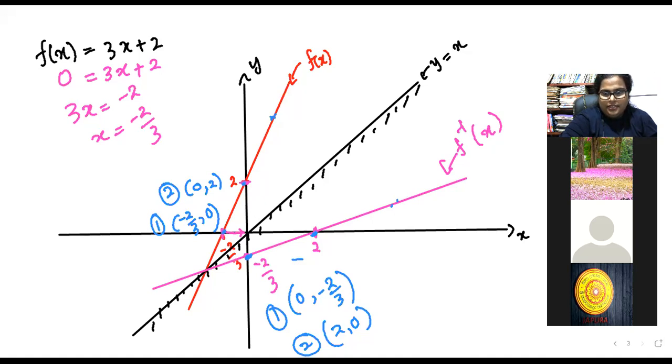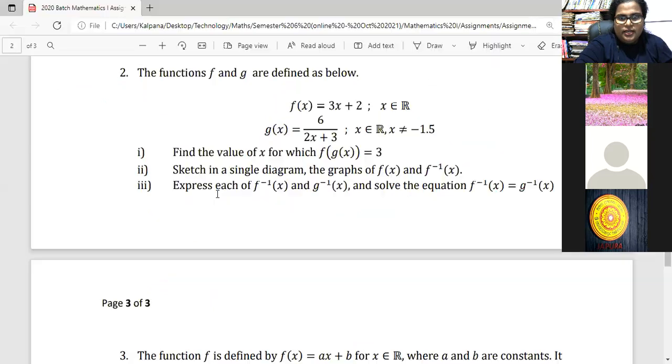Let me share. So here you have to express each of f inverse x and g inverse x and solve the equation f inverse x equals g inverse x. Okay, now up to the second point you had to deal with graphs, right?